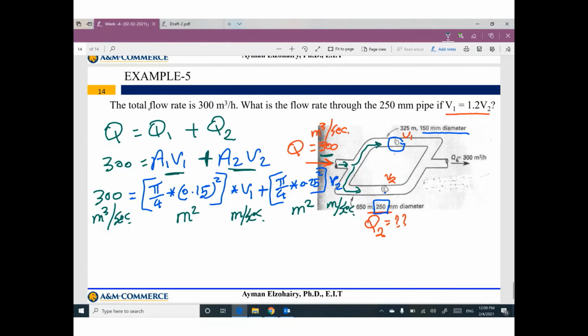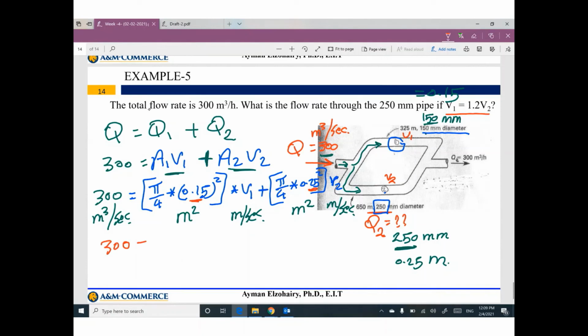Remember, this diameter is given as 250 millimeter, and this diameter is 150 millimeter. We need to convert these diameters to meters. Divide by 1000, it will be 0.25. Divide this one by 1000, it will be 0.15. This is what I did. Okay, go ahead and get a number.